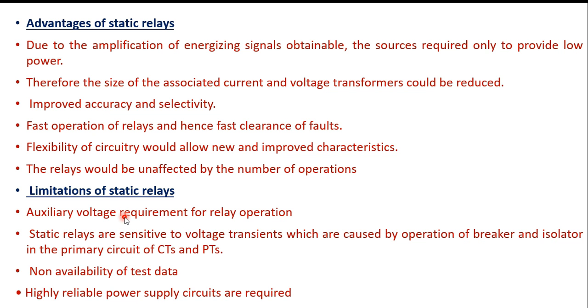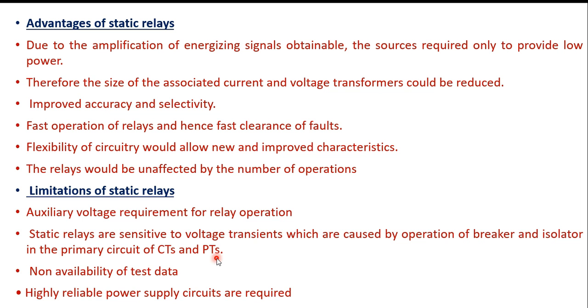The main limitation of static relays is the auxiliary voltage requirement. Additional voltage is required for amplification of the signal. Then, static relays are sensitive to voltage transients caused by operation of the breaker and isolator in the primary circuit of the current and potential transformer.